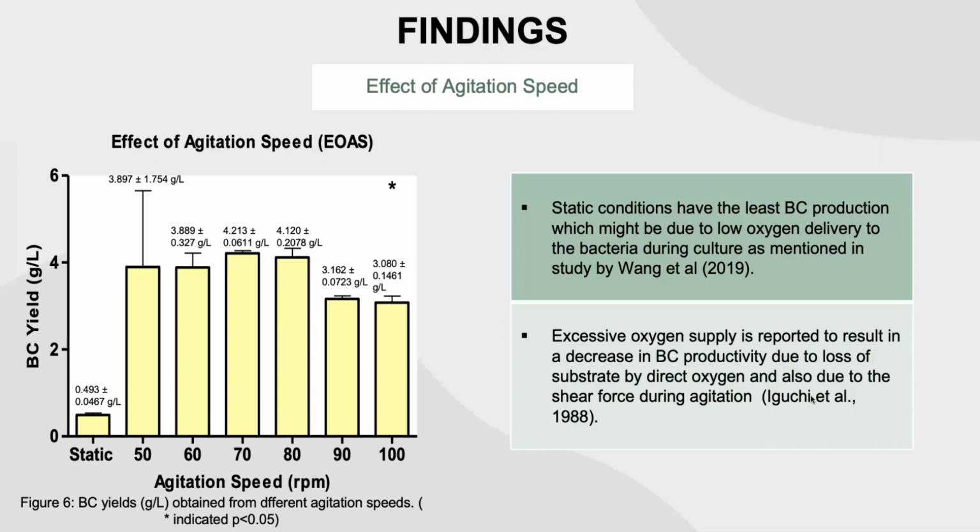However, if we increase the speed beyond 80 RPM, roughly here, we can see that the BC yield was decreasing. Perhaps it could be due to the loss of substrate by direct oxygen and also due to the shear force during the agitation process.